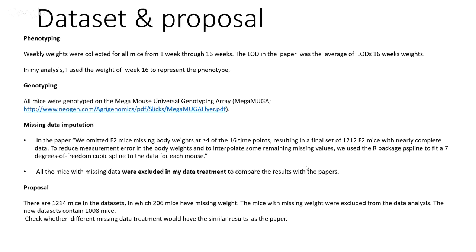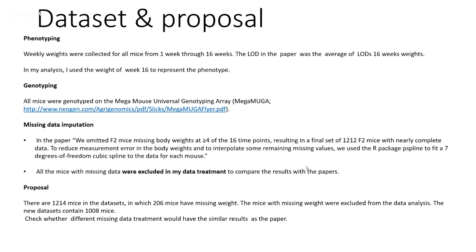All the mice with missing data were excluded in my data treatment, and I want to compare the QTL analysis with the paper. In my proposal, there are 1,240 mice in the datasets, in which 206 mice have missing weight.